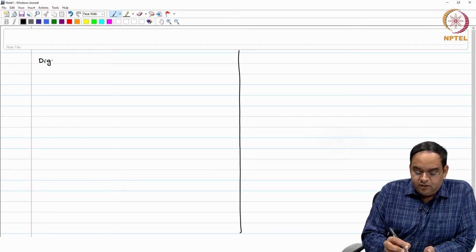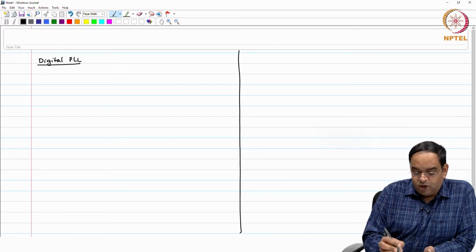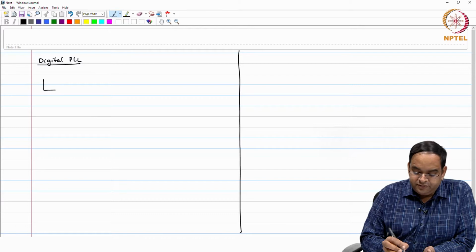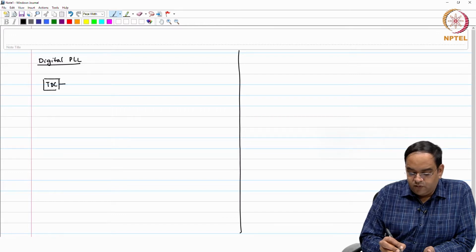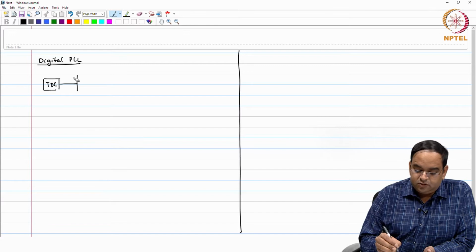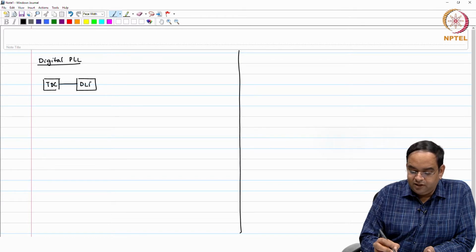So, the block diagram of the digital PLL which we have been using is like this. You have a time to digital converter whose output goes to digital loop filter. I can just write that as DLF, digital loop filter.